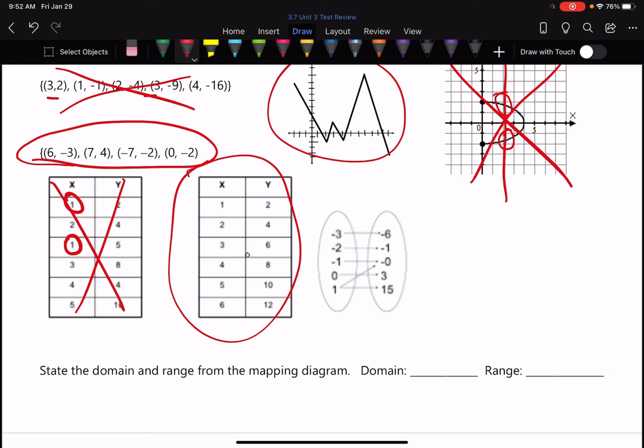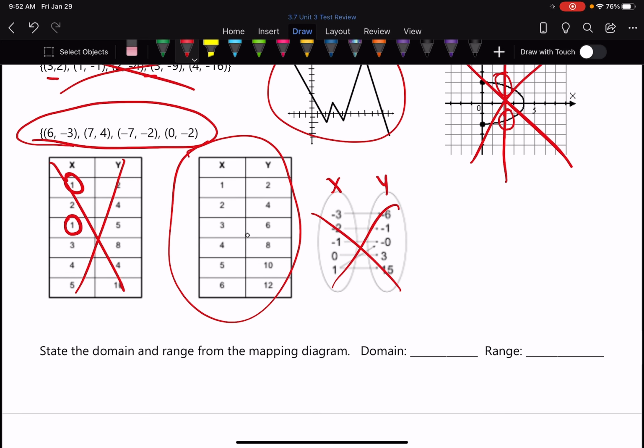And then now I want to look at this mapping. This left side is my domain, so my x values. The right side are my y values. And the x's can't repeat. So -3 goes to -6, -2 goes to -1, -1 goes to 0, 0 goes to 3, but 1 goes to 0 and 15, so this is not a function. It asks us to state the domain and range from the mapping diagram, so we're going to use this now.